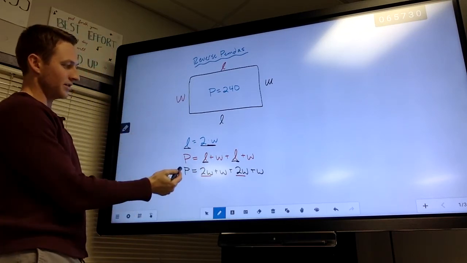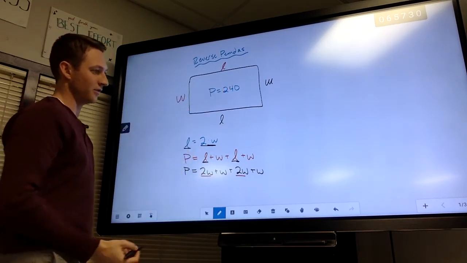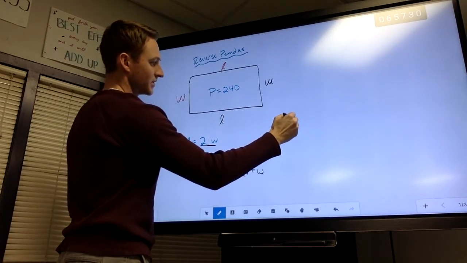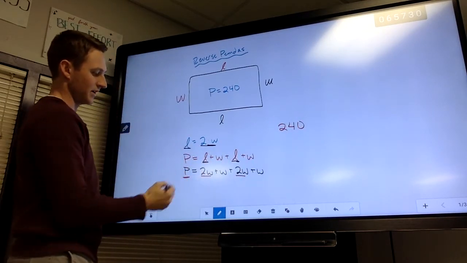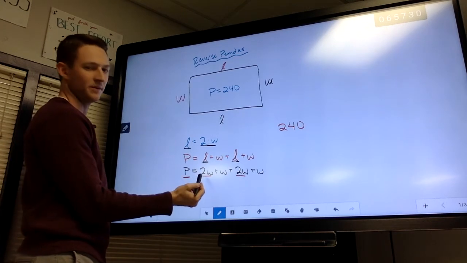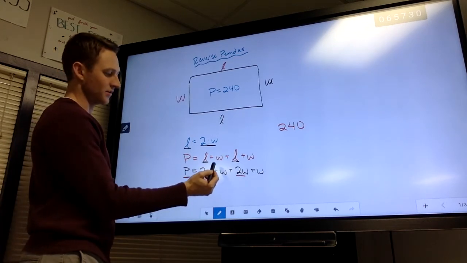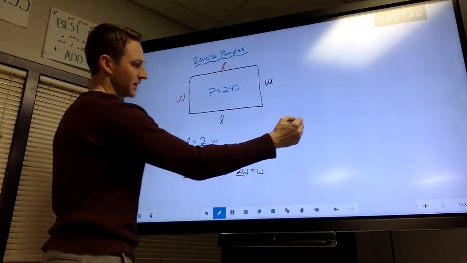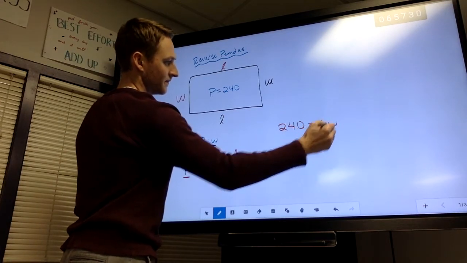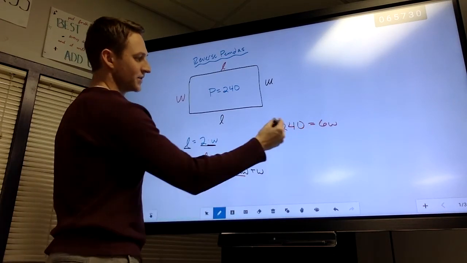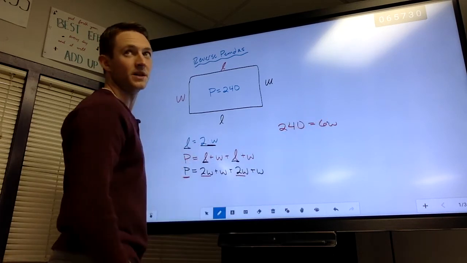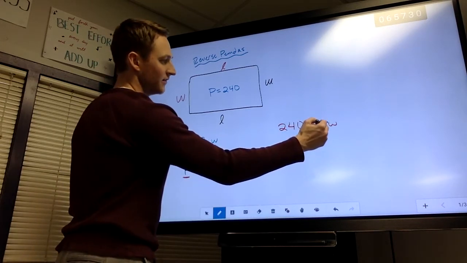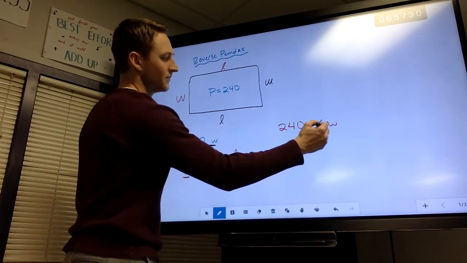We also know that our perimeter is 240. So perimeter is 240. I'm just plugging that in for right here. Equals how many W's do we have in total? 2, 3, 4, 5, 6. We have 6 W's. All right. Now we have 240 equals 6 times W. And we want to get W by itself. What's the opposite of times?